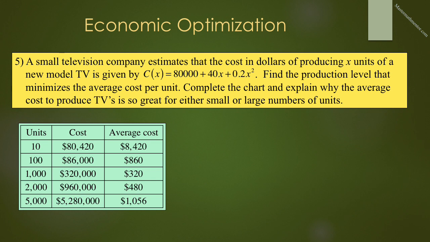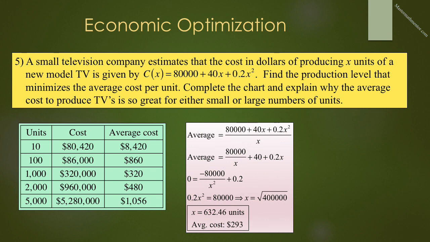However, at 2,000 units, the average cost goes back up to $480. And at 5,000 units, the average cost goes up to $1,056.